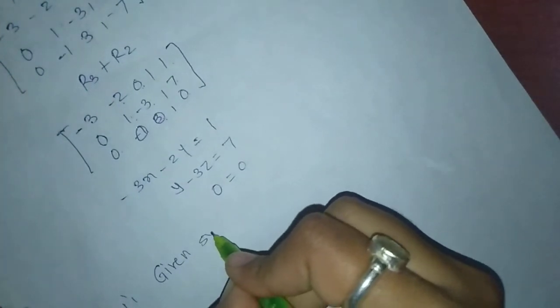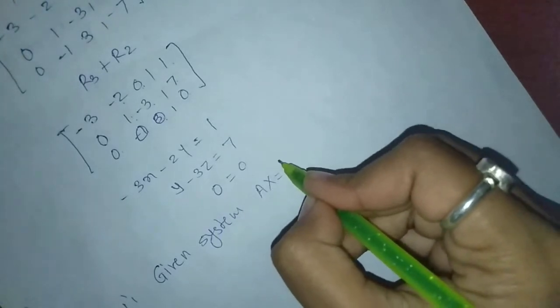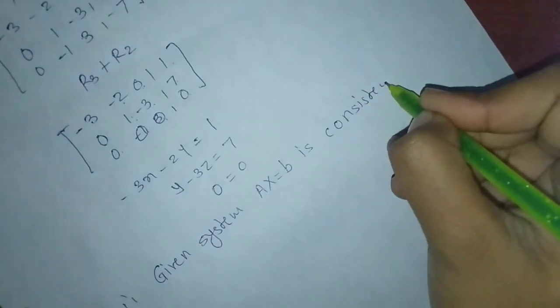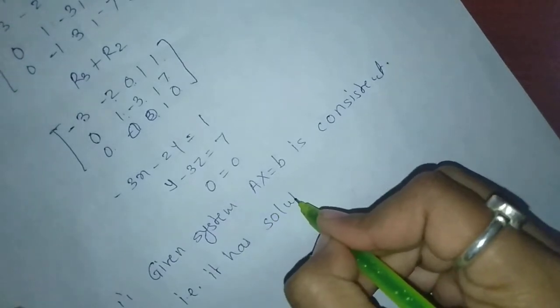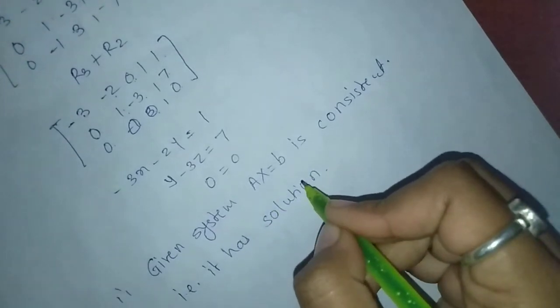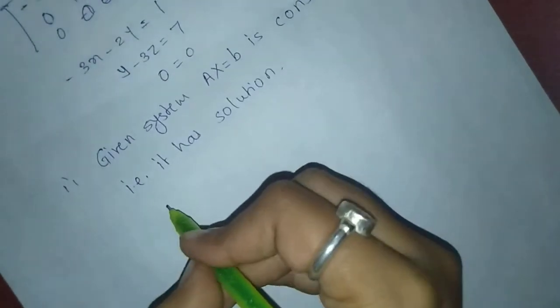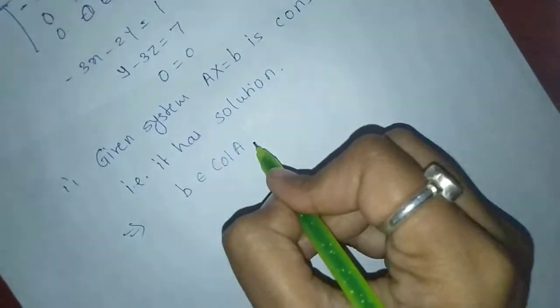Therefore given system A into x equal to b is consistent, that is it has solution, which implies B belongs to column space of A.